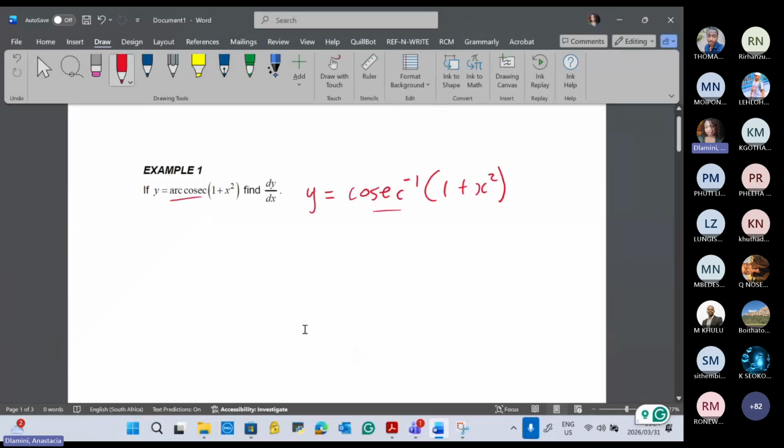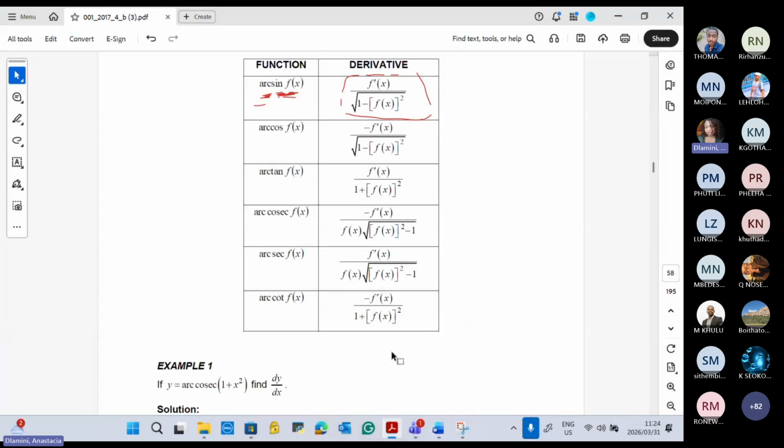If you are given the inverse of a trigonometric function, we then go and check where's cosec. The derivative is negative f prime of x over f of x in bracket f of x squared minus 1. Do you see that?